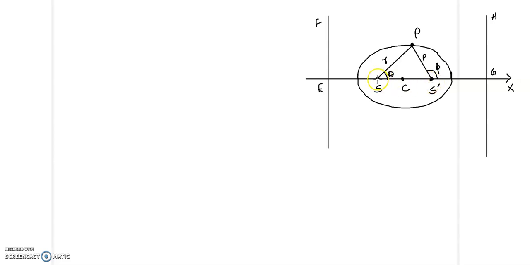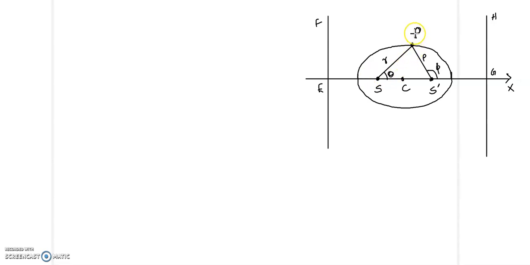Then S is taken as the pole, which is one of the foci, and S dash is the second focus. And P is a point on the conic, and we have angles theta and phi in the same sense, that is, either both clockwise or both anticlockwise. They will be in the same sense.